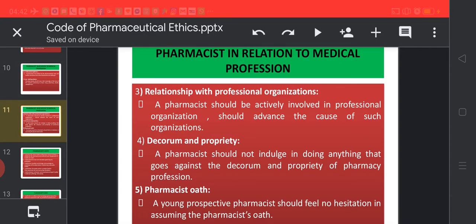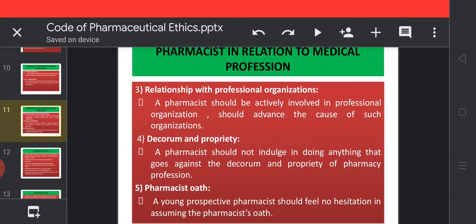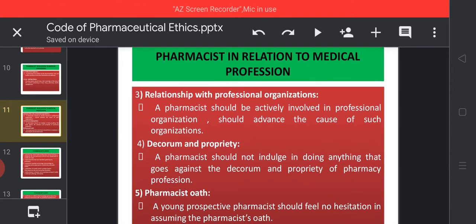In relations to medical professions की बात करें तो definitely relations with professional organizations. हमारा basic role and responsibilities as a pharmacist is to be actively involved in professional organizations.